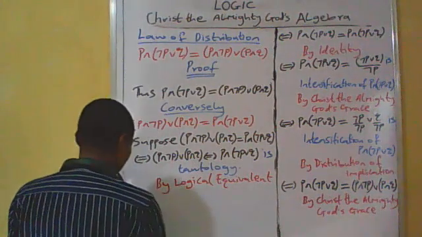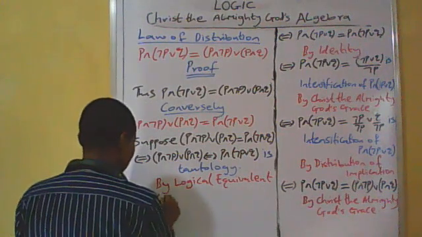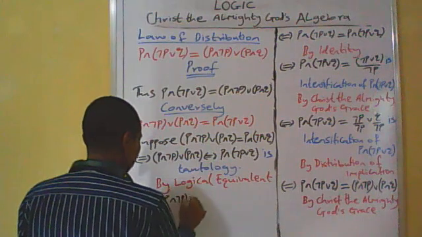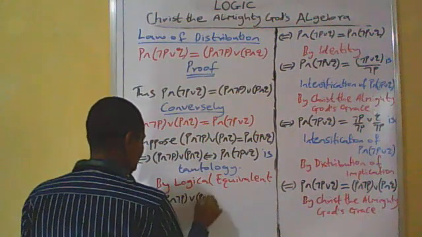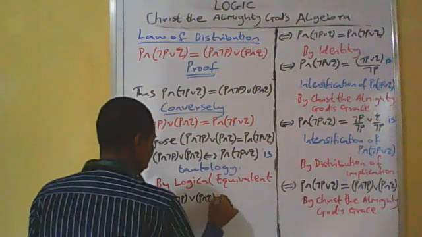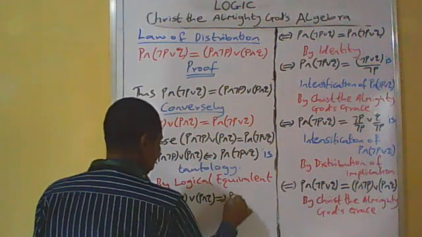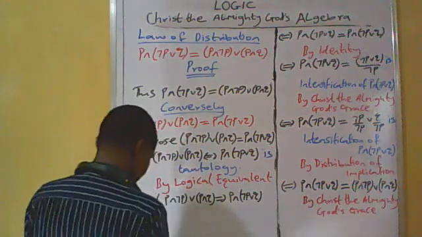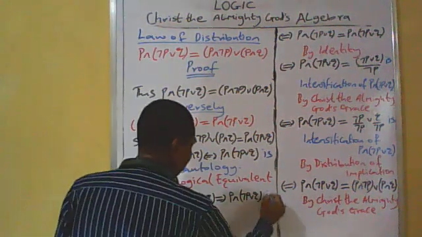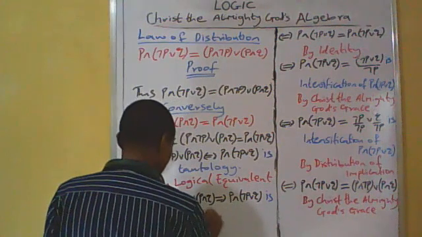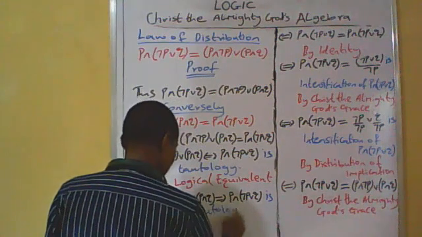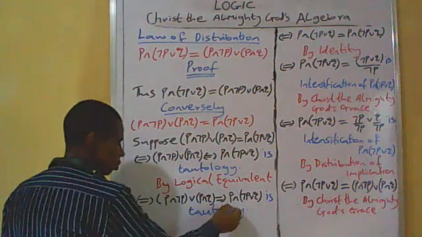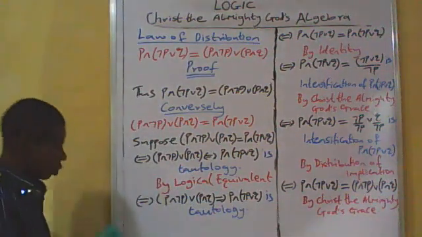So (P and not P) or (P and Q) implies P and (not P or Q) is a tautology.